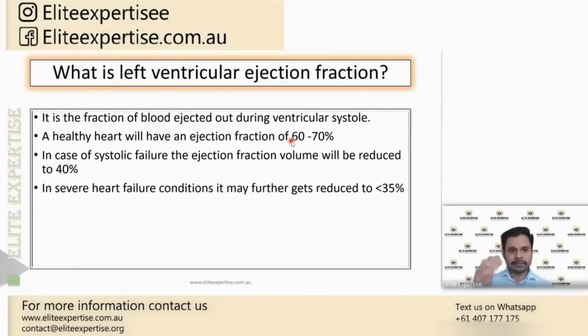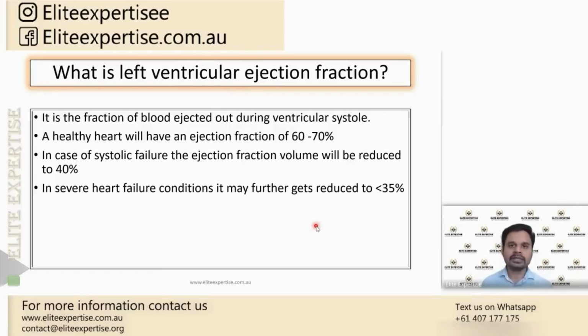As I mentioned, a healthy heart will eject 60 to 70% of the blood. But in case of systolic failure, systole meaning contraction, the ejection fraction will be reduced to 40%. In severe heart failure, it may further reduce to 35%, and in more severe conditions, it may even reduce to less than 30%.